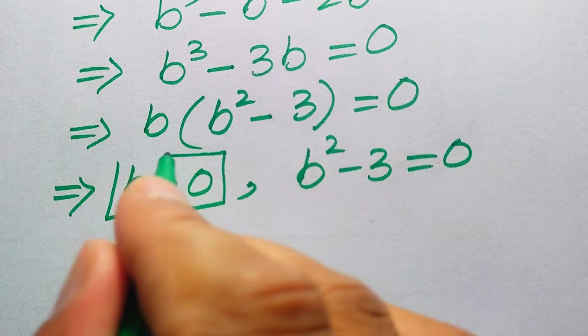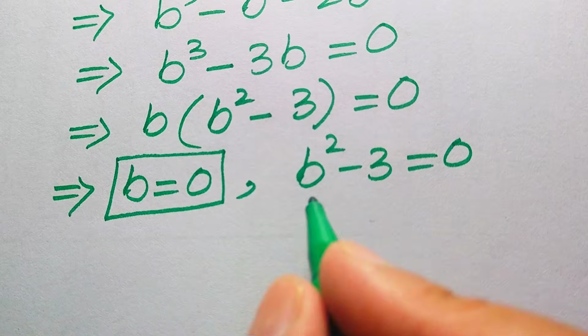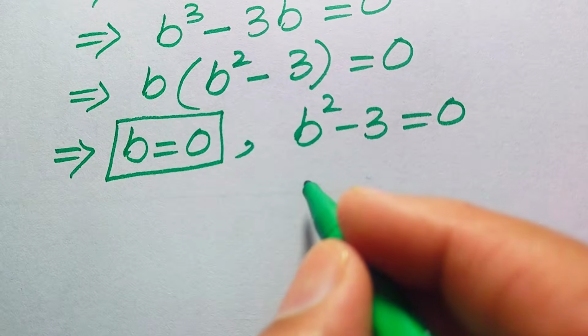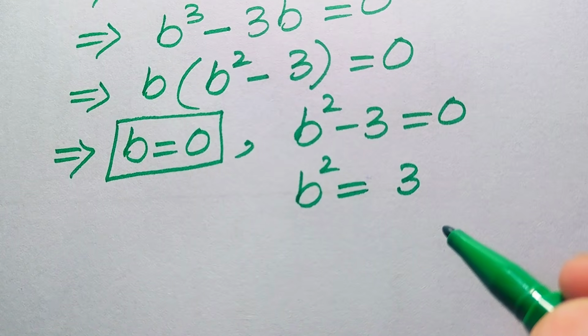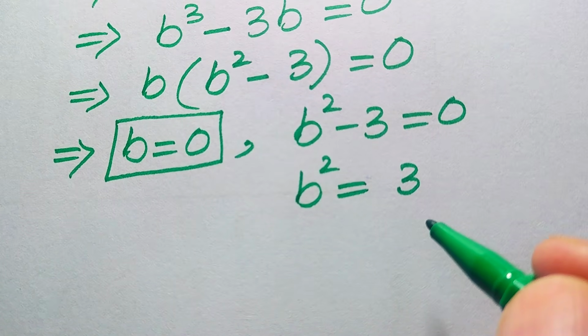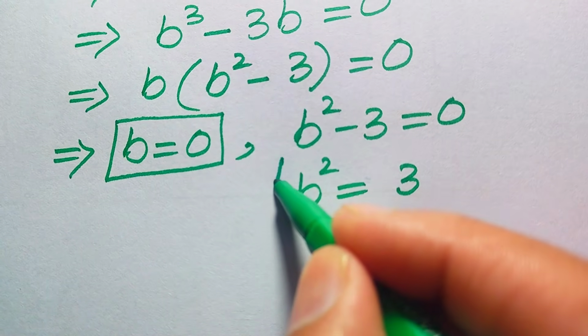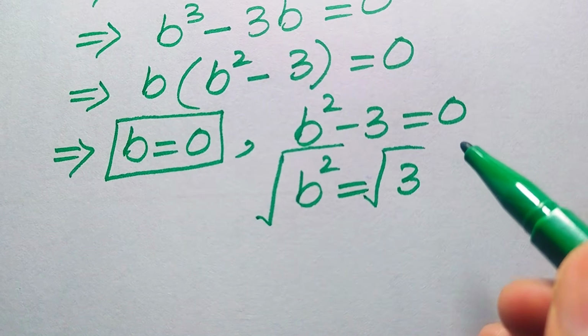So this is the first root of the given equation. And now, in order to find the other roots, we need to solve this quadratic equation. For this we move minus 3 to the right hand side, and we get b squared is equal to 3. Further, we find the values of b, so for this we apply the square root on both sides.